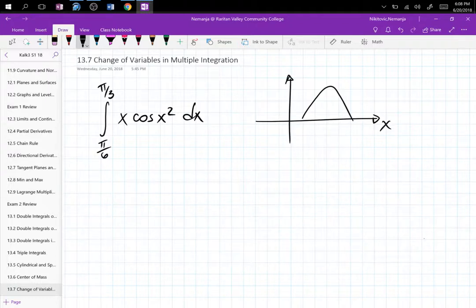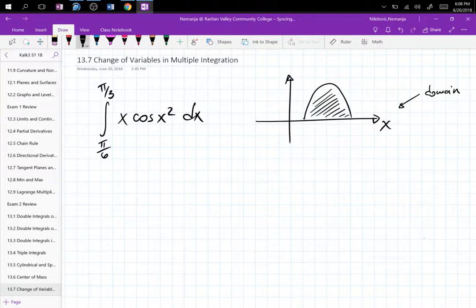Note that your domain, the input, is x. And we are looking for this area here. Now, because it's a bit annoying to do this, we are going to use U sub, which is actually a change of variable.